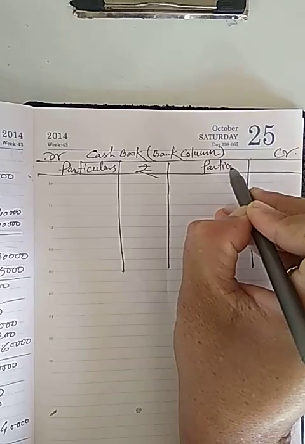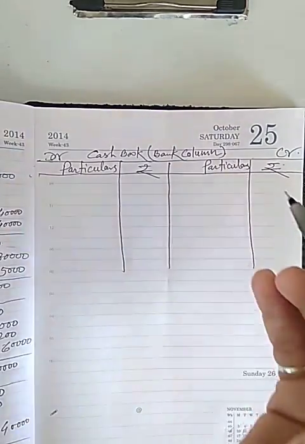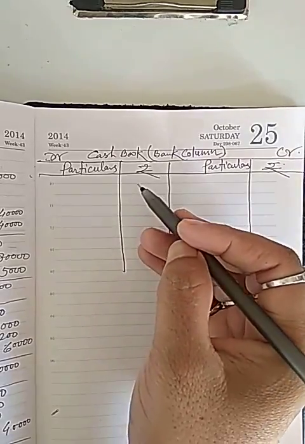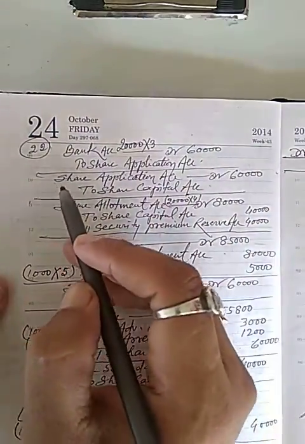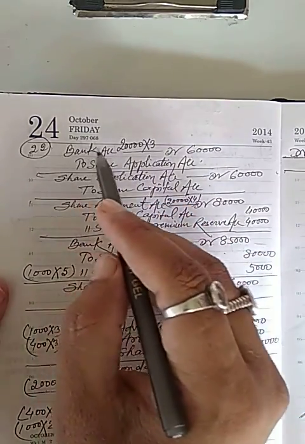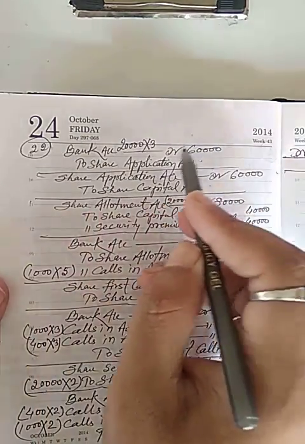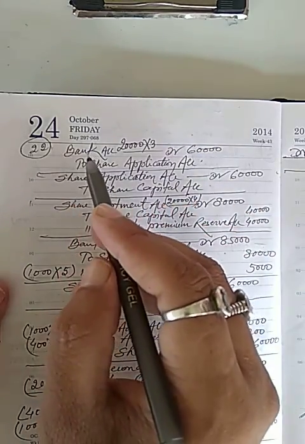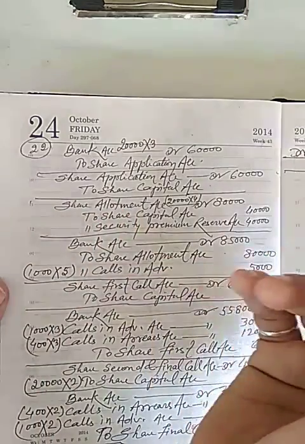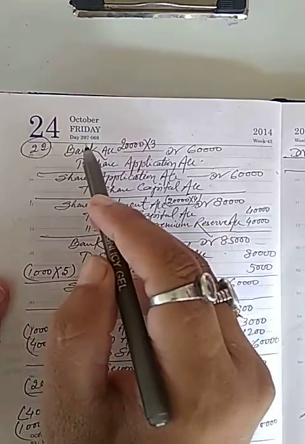Particulars, rupees. Now when I received application money, then bank account debit to application money, so cash is coming in, 60,000. According to the rule of journal to ledger, I will also shift it in the cash book.